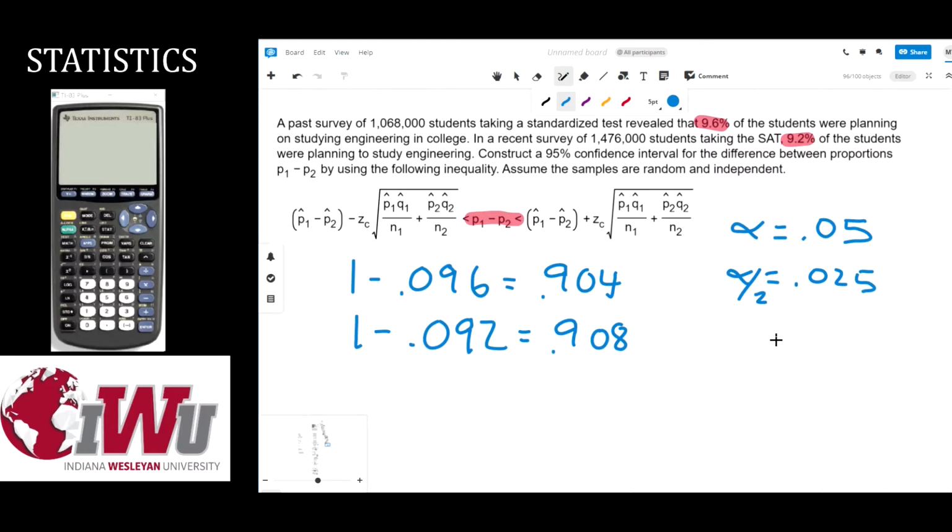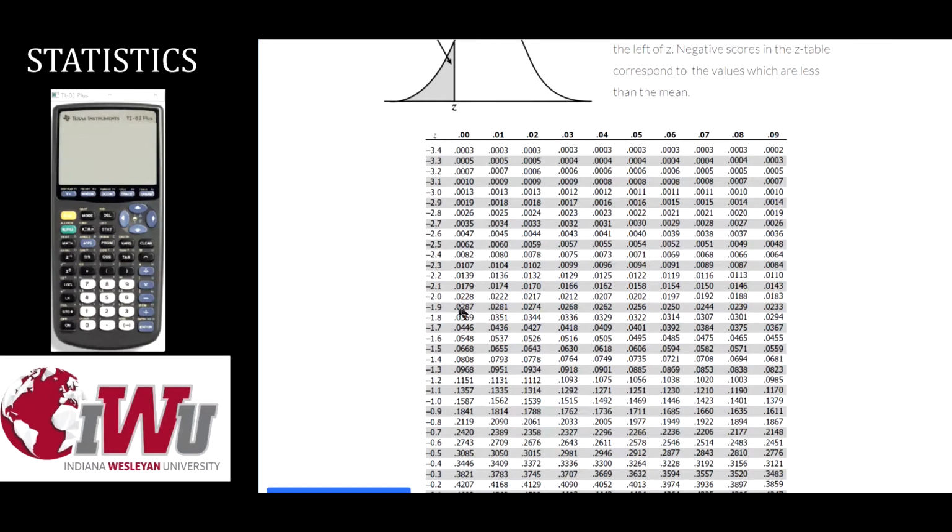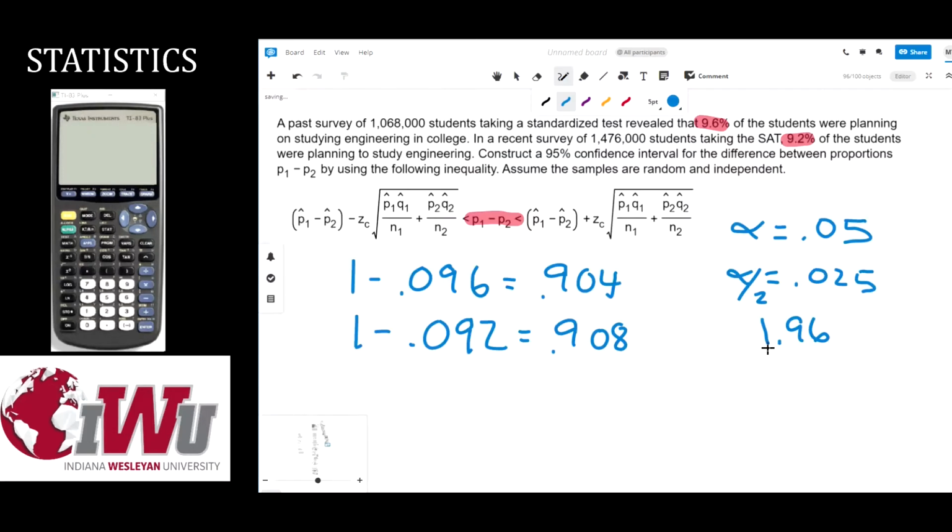Going through everything, we start memorizing what those z values are. Finding 0.025 in that z table, you'll find that it's 1.96. But just to make sure, 1.96, there it is. All right, so now we have that z.